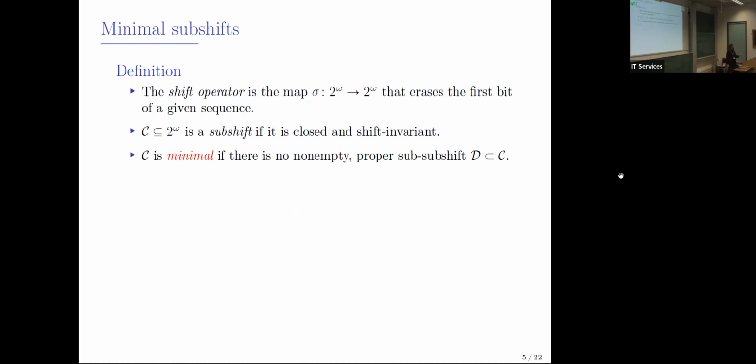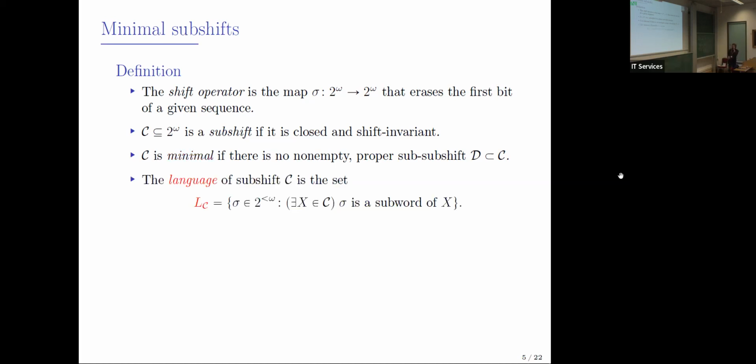There's some trivial ones. You take any sequence that just repeats, so that when you apply the shift operator, it'll just give you a finite orbit. That's minimal. It's not very interesting. But there are interesting minimal subshifts, and every subshift contains a minimal subshift.